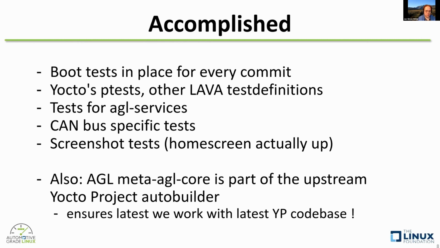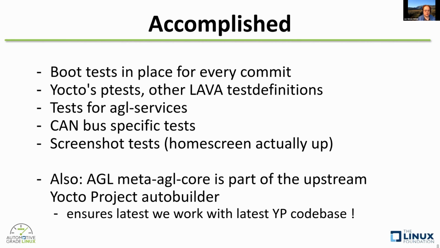We have our own set of tests for the AGL services, so for our app framework services in this case. We run these. We have a few CAN-specific tests if the CAN bus is wired up, and we have added screenshot tests, so we can actually say the home screen is up.